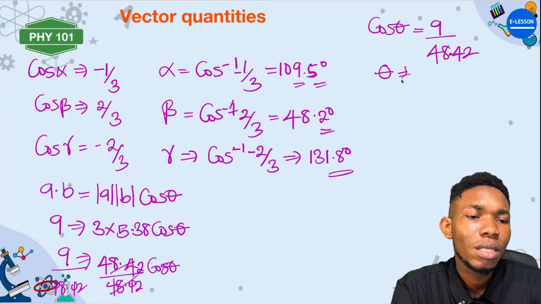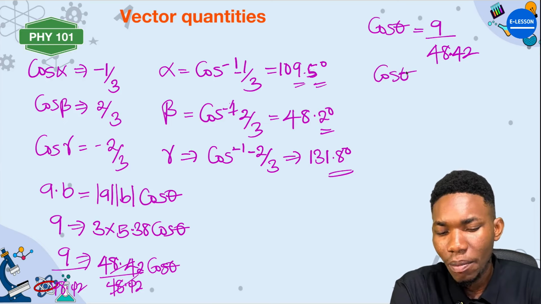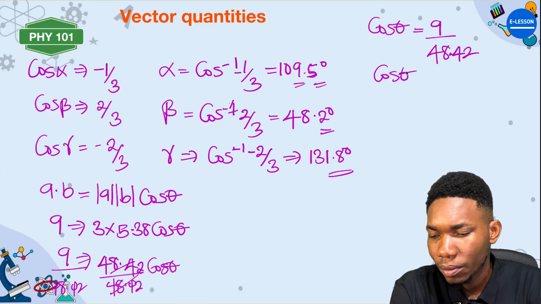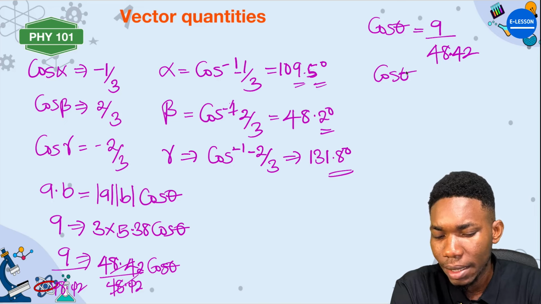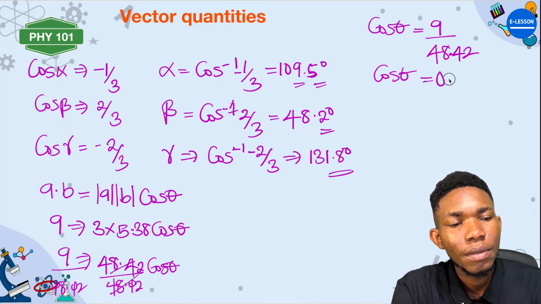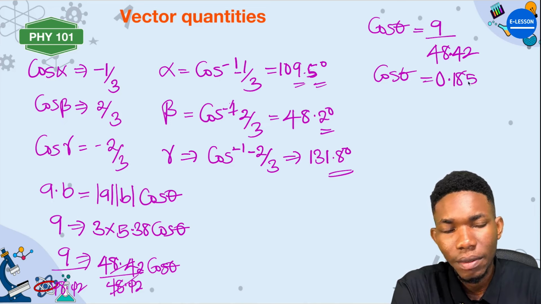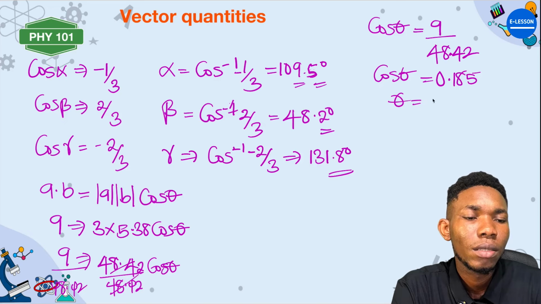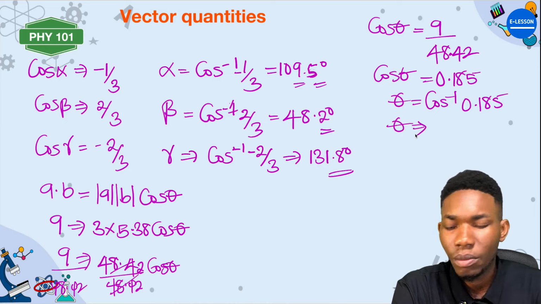So theta will be, first, let's find 9 divided by 48.42. So we have 9 divided by 48.42, which is 0.185. So theta will be the cos inverse of 0.185. What do you think theta will be?